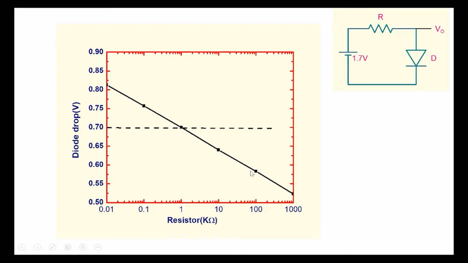But note that the amount by which it is underestimating and overestimating is not very large, so in many situations the 0.7 volt will not result in significant error. But keep in mind that the diode drop will change with the current. Let's say if you have a 10 ohm resistor, it can be anywhere from 0.82 to almost maybe 0.52 or so, so it is varying by almost 300 millivolts.